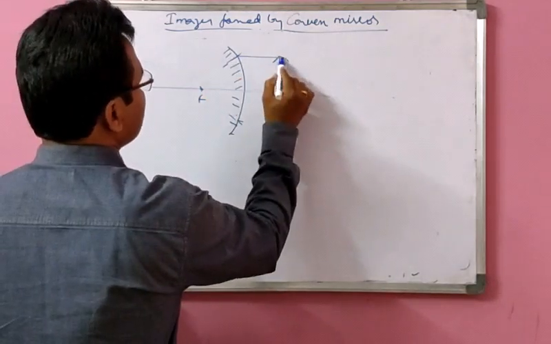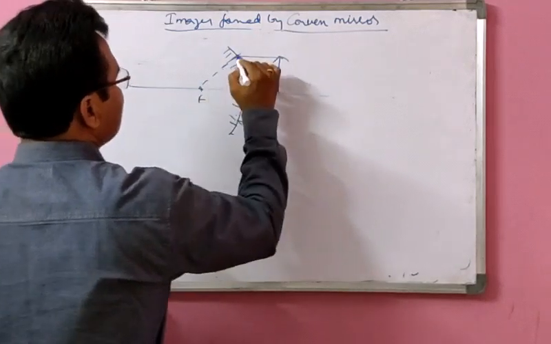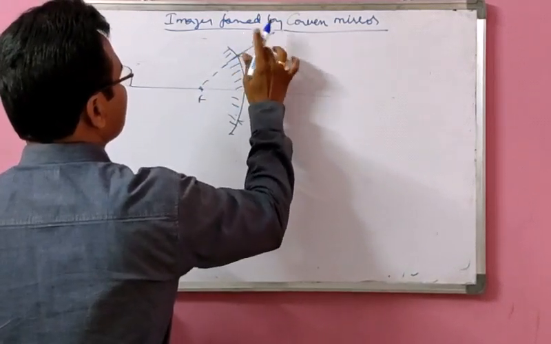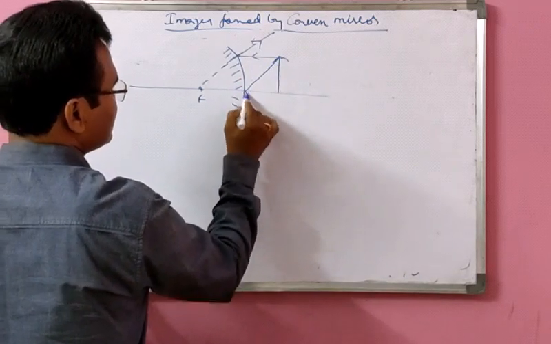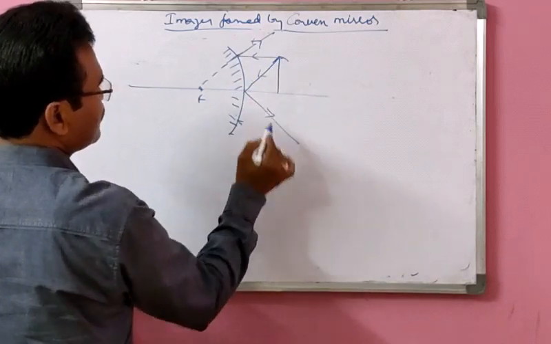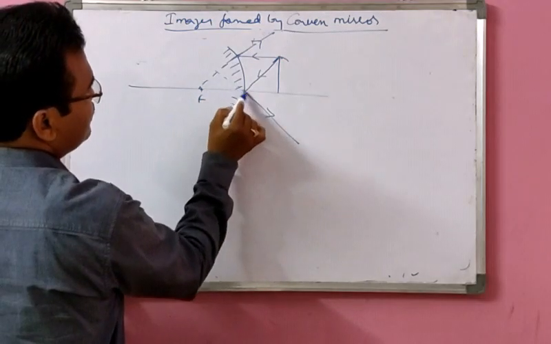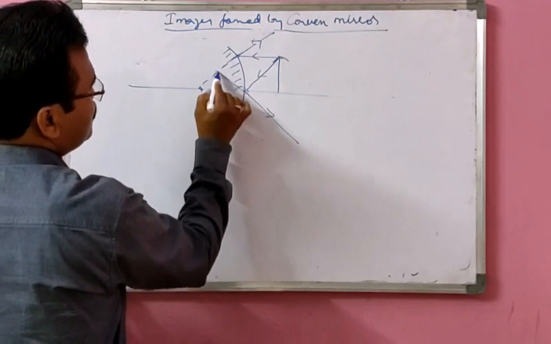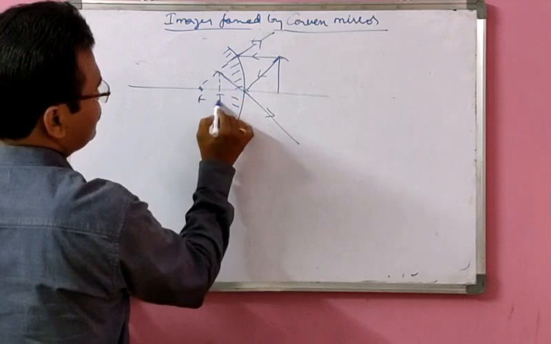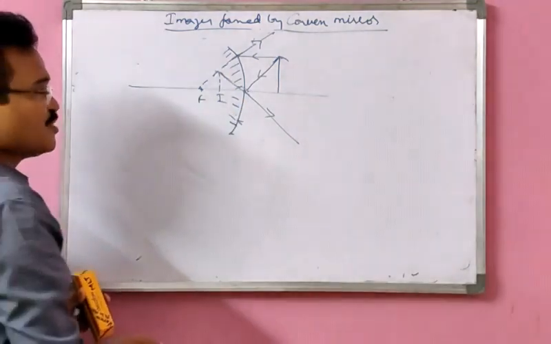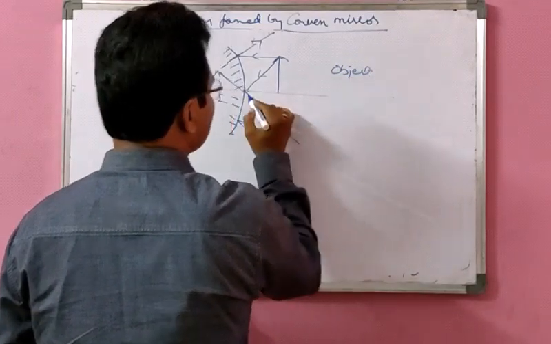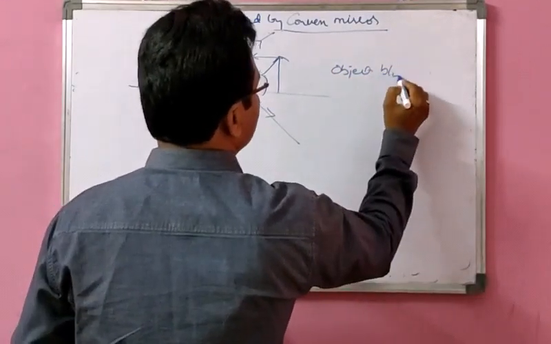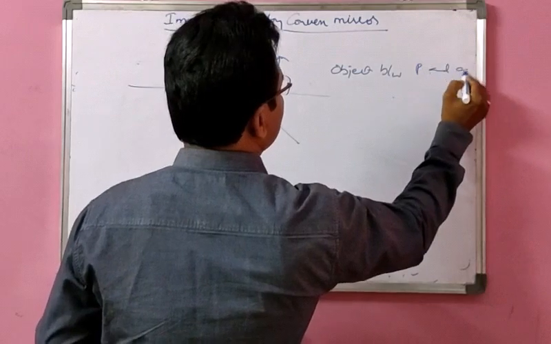First ray you draw like this. This will be as it is. And second one you take like this. So you extrapolate this one. So this is the image. So where the image is formed, if the object lies, this is point P, object between P and infinity.